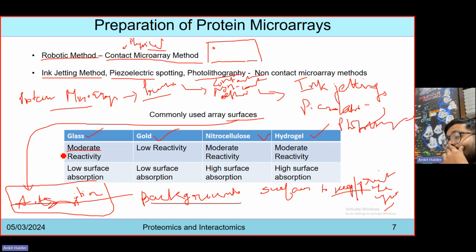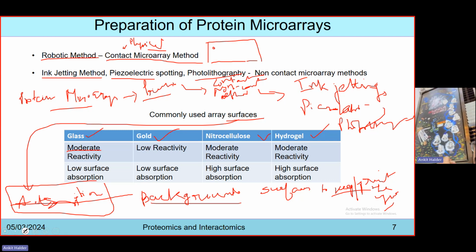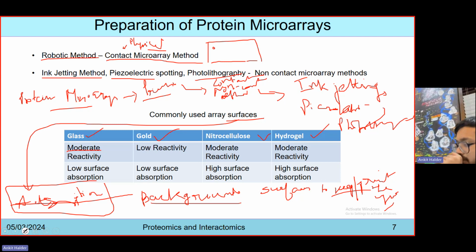Glass has low surface absorption, but nitrocellulose and hydrogel have high surface absorption. Mostly gold or glass are also used, and nitrocellulose is used very much for this kind of application, specifically in the field of reverse phase protein arrays.